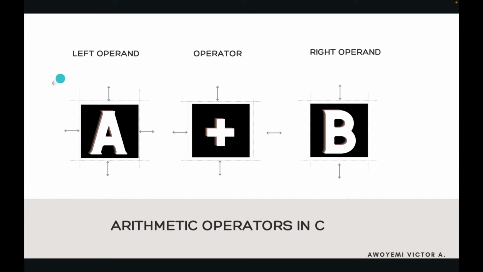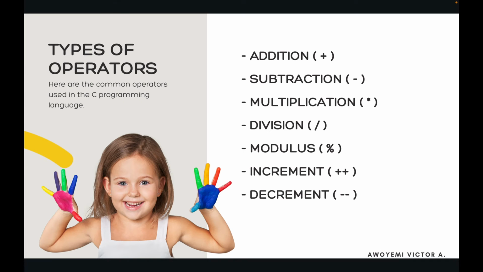Take for instance, if we are to add integer a and integer b, integer a is the left operand while integer b is the right operand, but the plus symbol is the operator that brings both integer a and integer b together. So it takes both the left and the right operand and works on them. That is the way operators work.